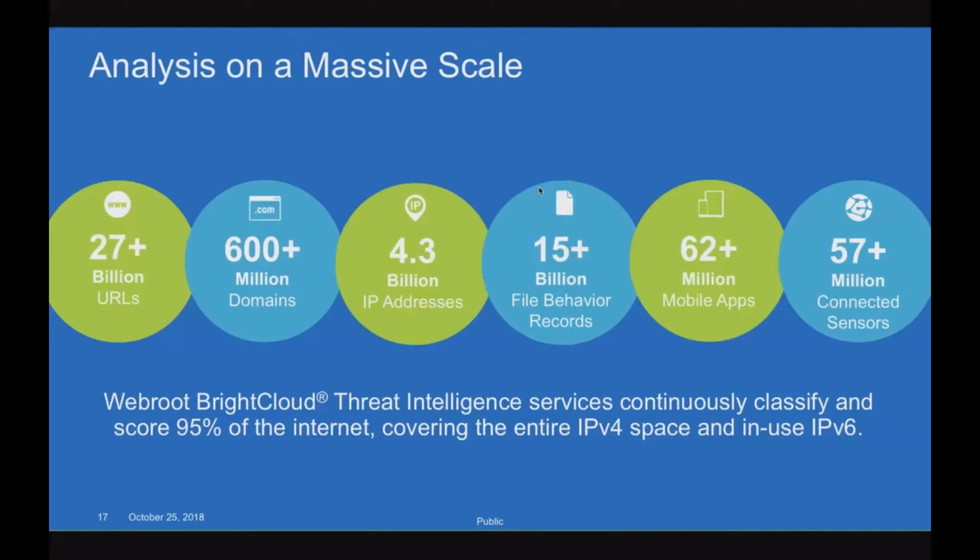We have over 15 billion file behaviors for identifying pieces of malware. We've torn apart over 62 million mobile apps, figured out exactly what permissions they claim to use, what ones they actually use, what types of URLs and IPs they talk to, and what have you. And we've got over 57 million connected sensors into our cloud.